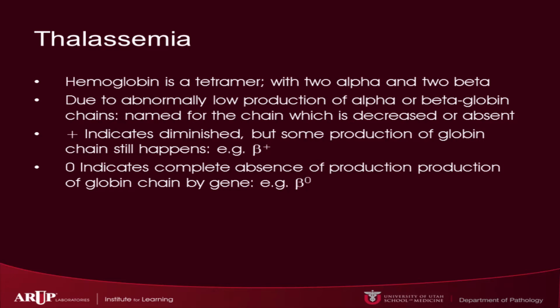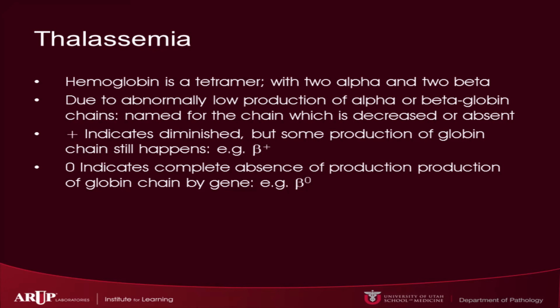So what is thalassemia? Hemoglobin, as we might remember, is a tetramer with 2 alpha chains and 2 beta chains. Thalassemias happen when there is an imbalance between these alpha and beta chains. There are 2 different kinds of thalassemias, alpha thalassemia and beta thalassemia, based upon the production of alpha chains or beta chains.